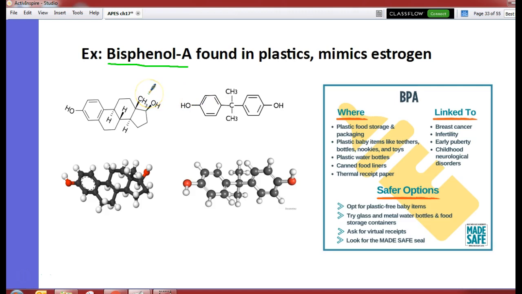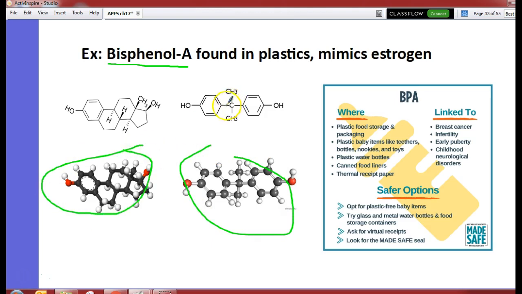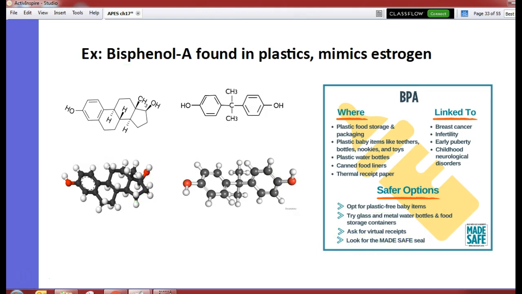Okay, so one of these is bisphenol A, and one of these is estrogen, and you can see that the molecular structures are very, very similar. So it's found in plastic storage items, baby items, water bottles, canned foods, and it's linked to breast cancer, infertility, neurological disorders. So they say opt for plastic-free items, try glass and metal water bottles, or just look for something that says made without BPA.